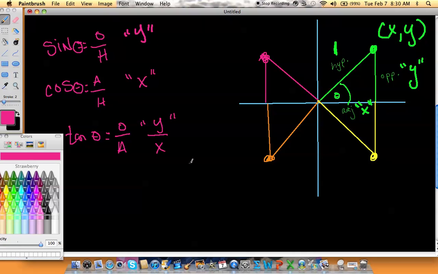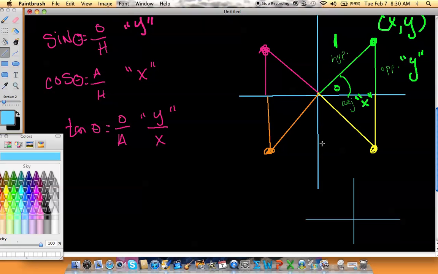Now in quadrant 1, all of these are positive because x and y are positive. So if I go back to the little mini plus sign that I had drawn before, every one of those 6 trig functions is positive. So I'm going to write all. They're all positive.